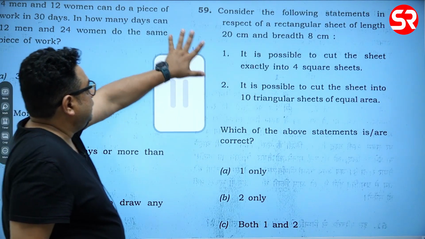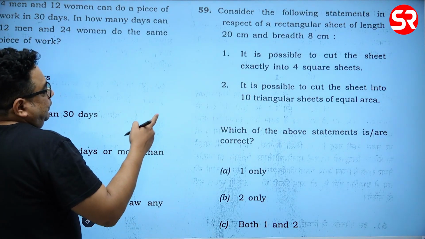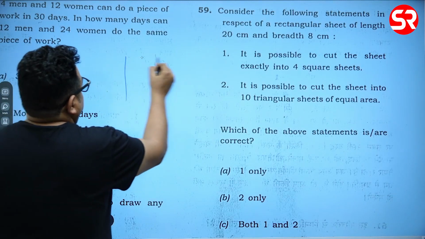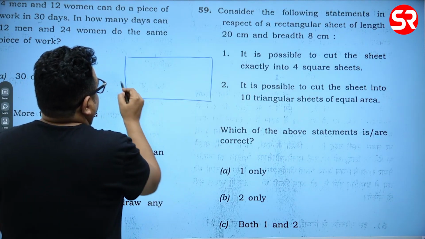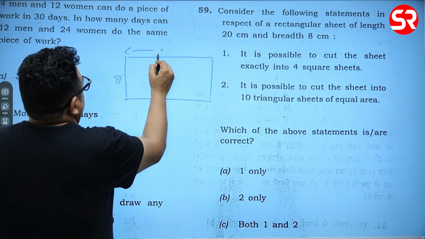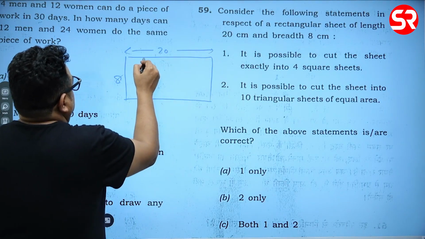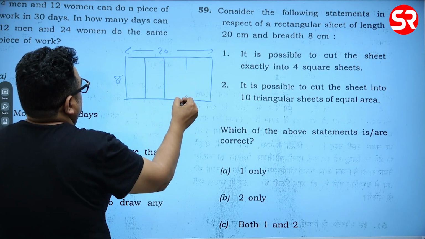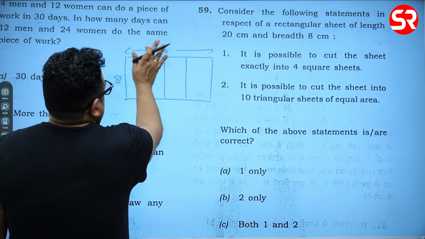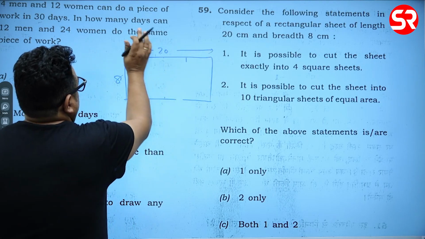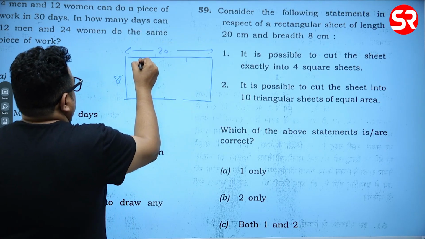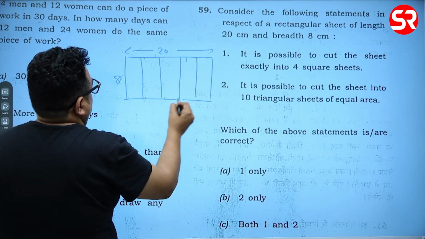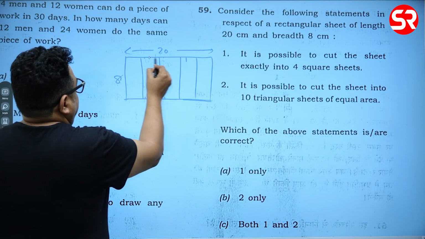Second, it is possible to cut the sheet into 10 triangular sheets of equal area. This is interesting. 8 by 20. So guys, see this.